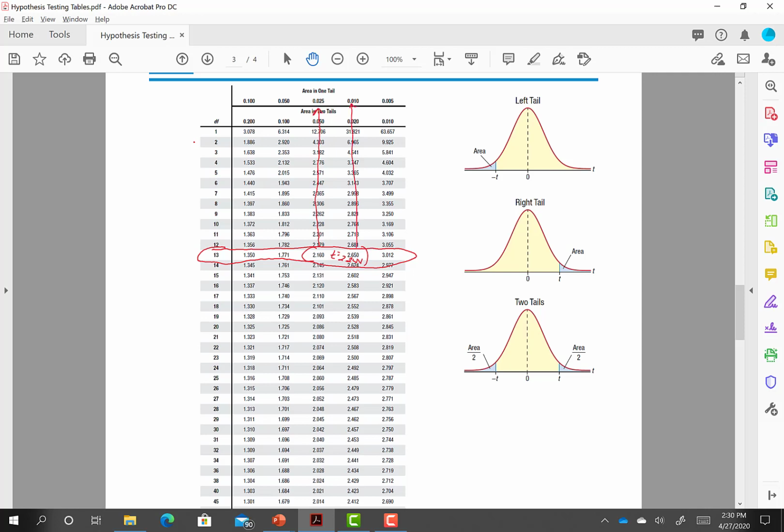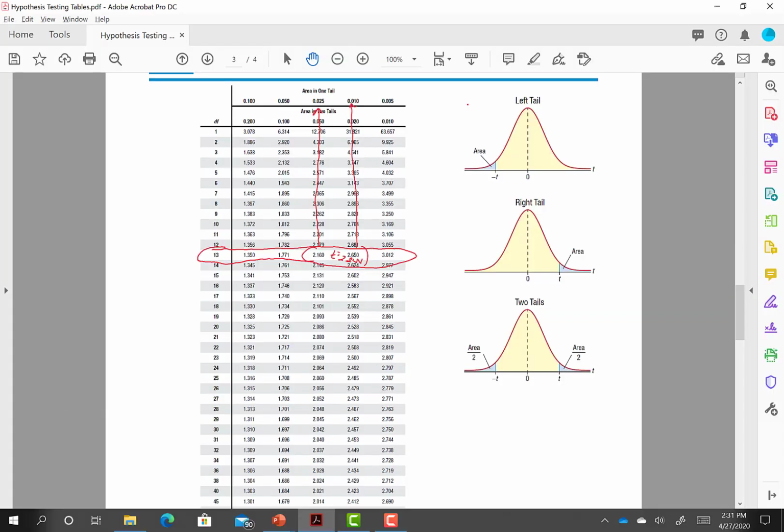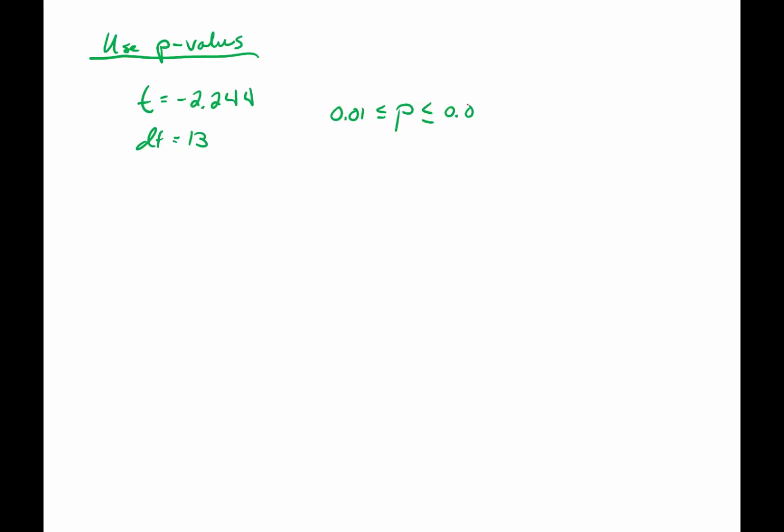And we're going to get an interval for the p-value. The p-value is going to be somewhere between 0.01 and 0.025. So we don't actually get one p-value, we get an interval for the p-value.